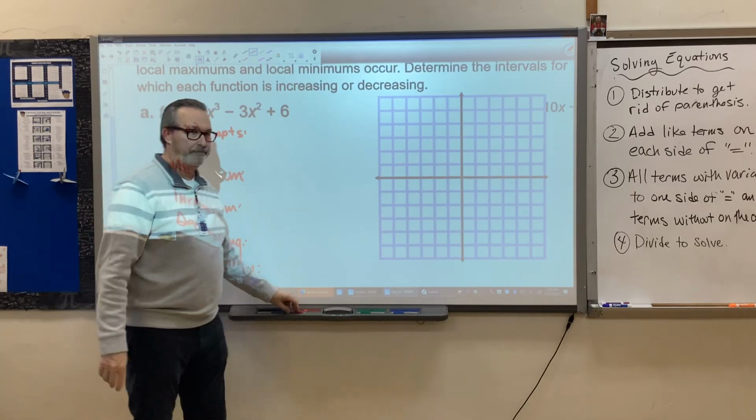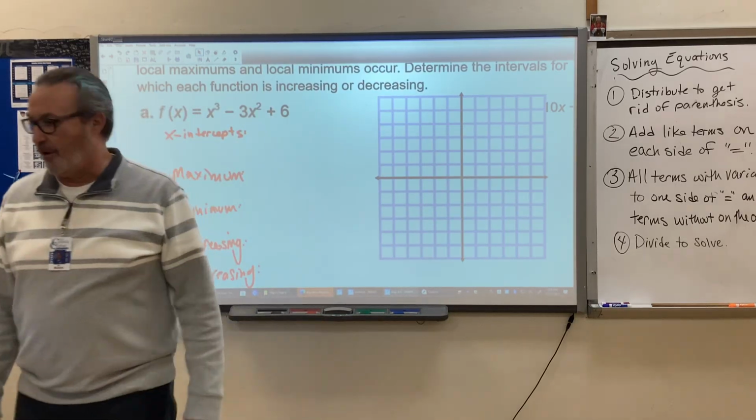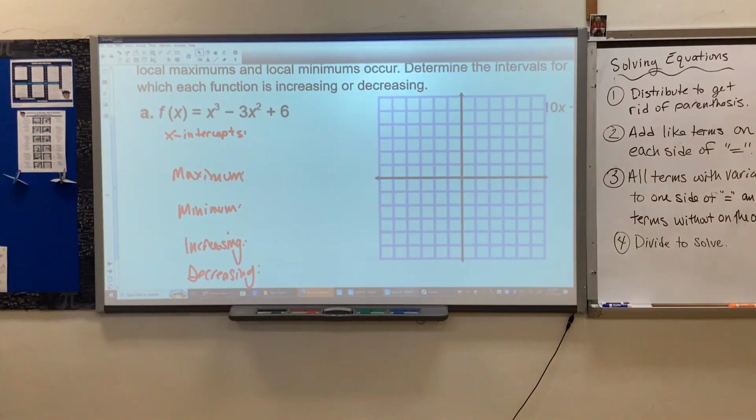Okay, so this is a calculator all the way through thing. So grab your calculator and see if you can find those points and intervals.